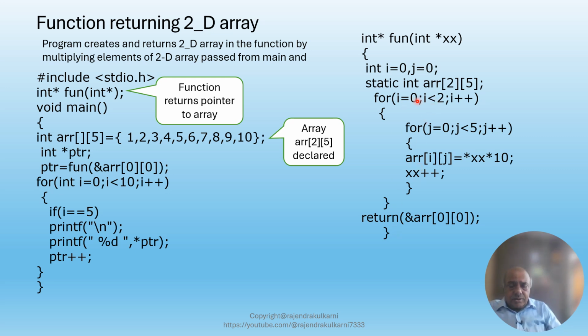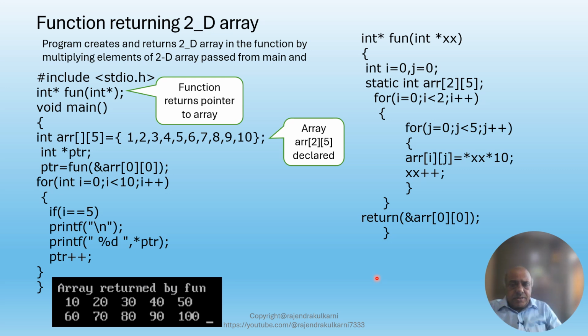And when both the for loops terminate, the ARR array of the function will have the values of the elements passed to it multiplied by 10.